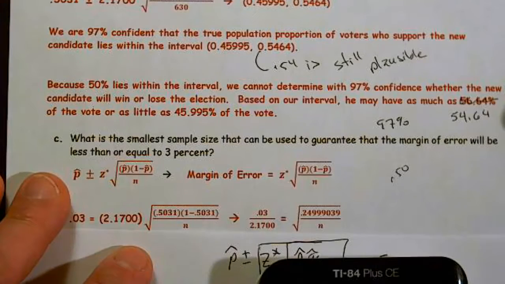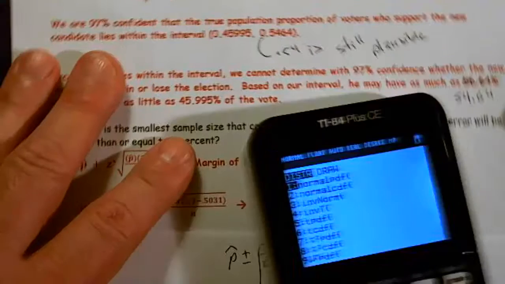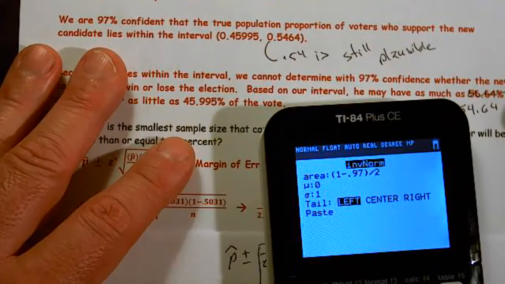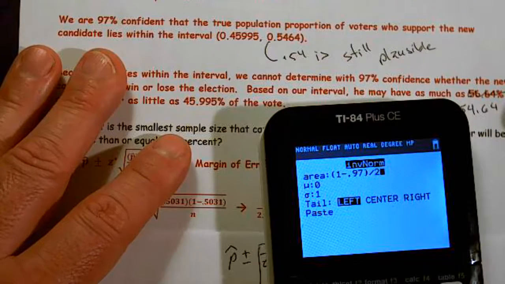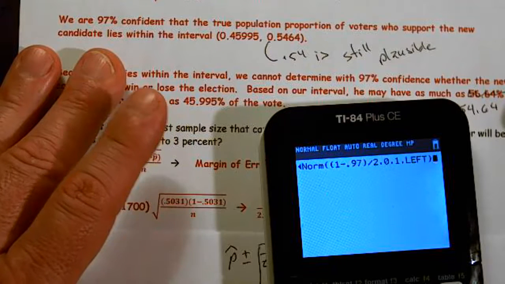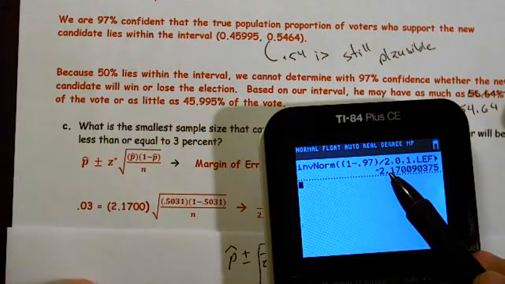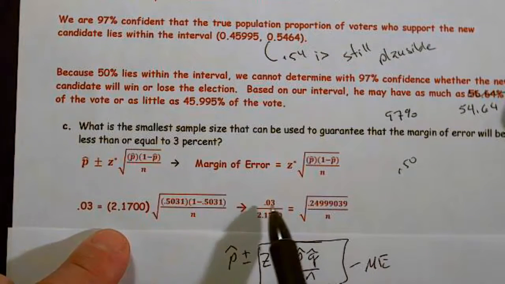So once again, to do that, we're going to go 2nd Vars, inverse norm, and parenthesis 1 minus 0.97, close parenthesis, divided by 2, mean 0, standard deviation 1. And once again, I left off the 97%, but it should have been 97%, so it gives us a z star of 2.17.